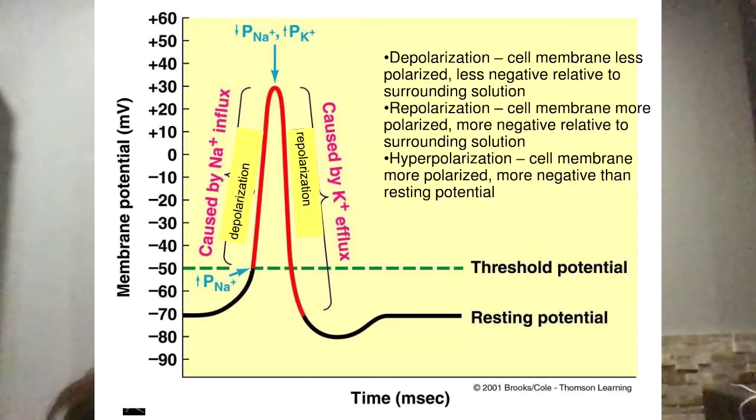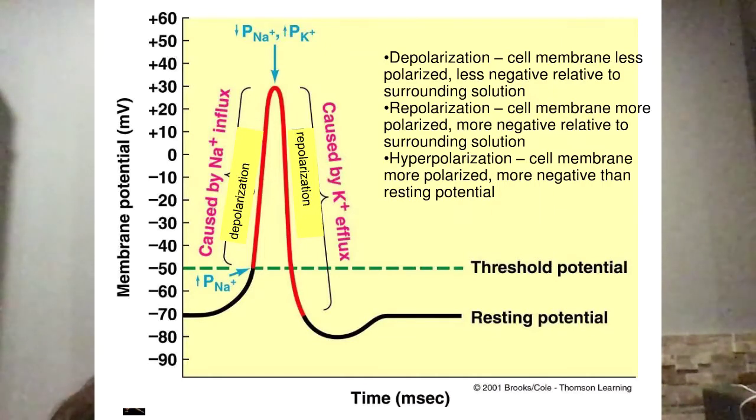So you see that red line falling downward, and it passes threshold, and it actually overshoots resting potential. Okay, it overshoots resting potential. So let me just define that repolarization. Again, when the cell membrane repolarizes, it's becoming more polarized.